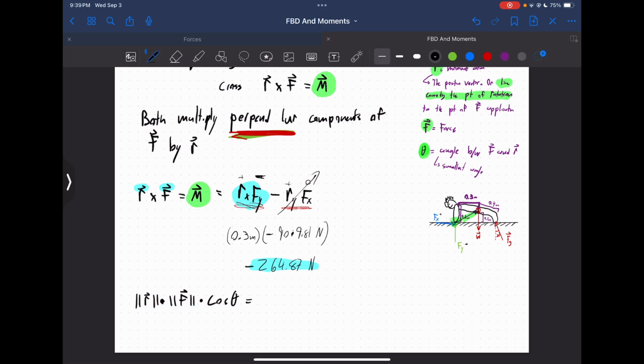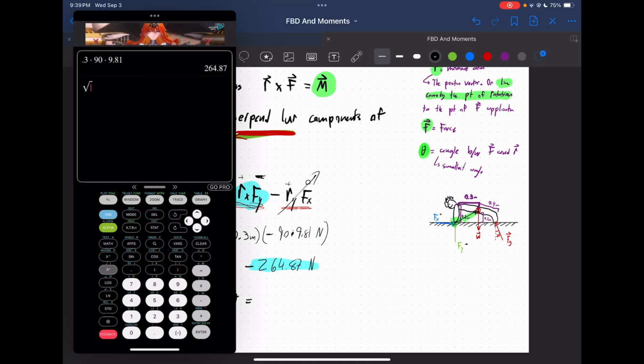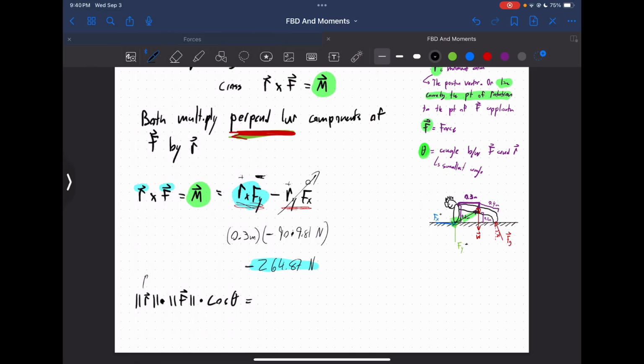But we know the magnitude of r is going to be the square root of 0.3 squared plus 0.2 squared, so 0.36, and that F, the magnitude, is 90 times 9.81 because it's the only component. And as the only component, it would be the square root of Fy squared, which equals Fy.